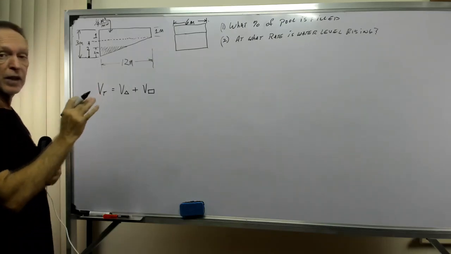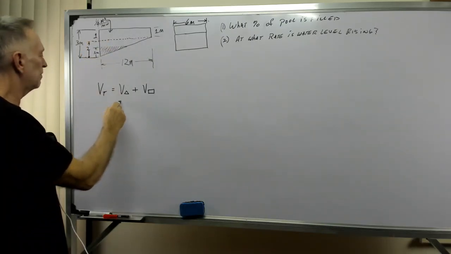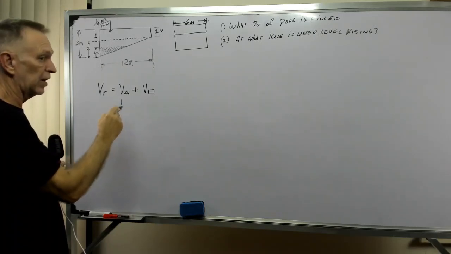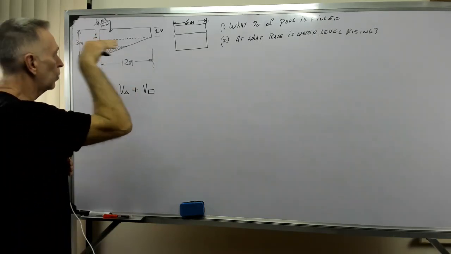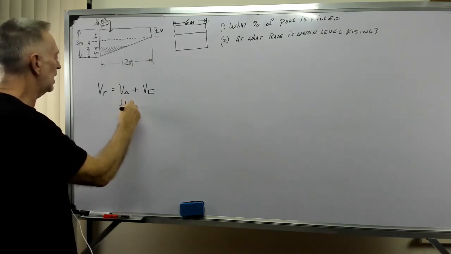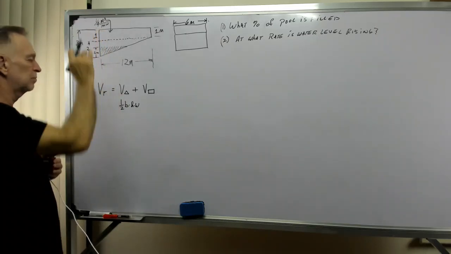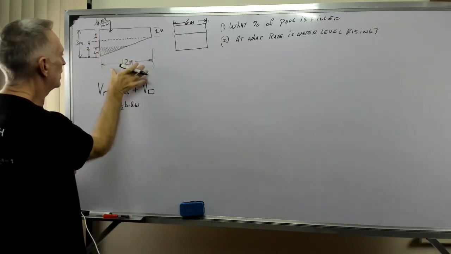So the base of that triangle is 2 meters. So my volume of the triangle would be the area times its width. So I'd have 1/2 the base times the height times the width, with the base being this portion here and the height being this.